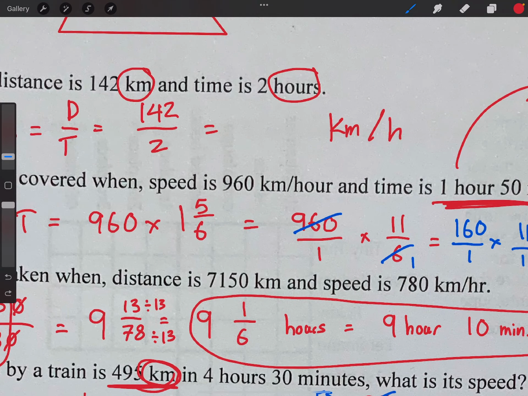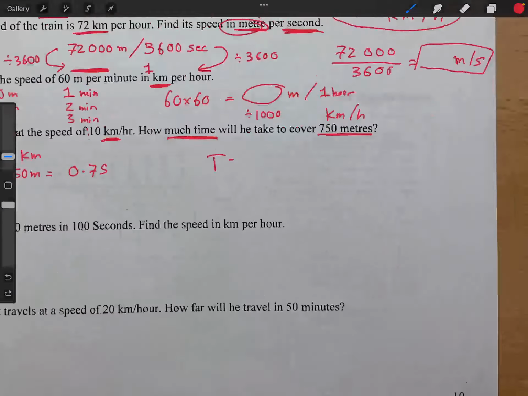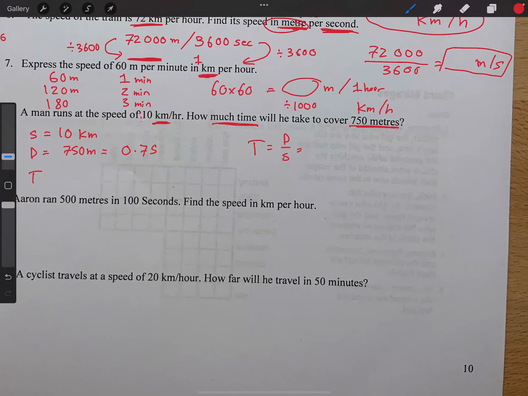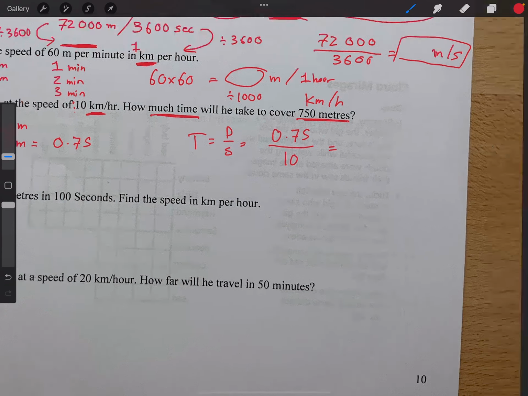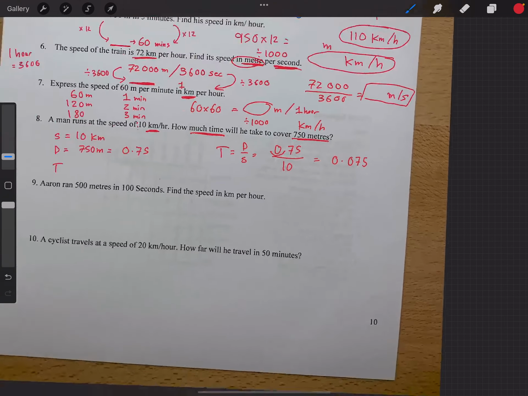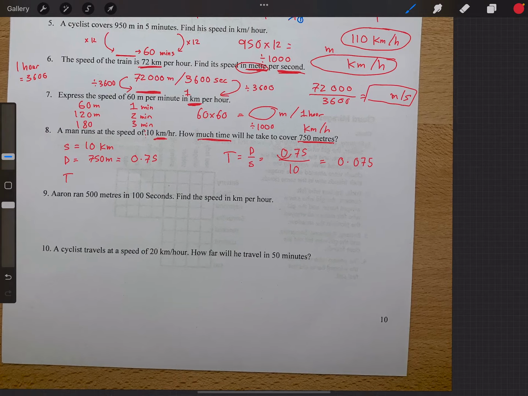So time is equal to distance divided by speed, which is 0.75 divided by the speed, which is 10. What happens when you divide that number by 10? Well, we move the decimal place to the left one time, so it'll be 0.075.